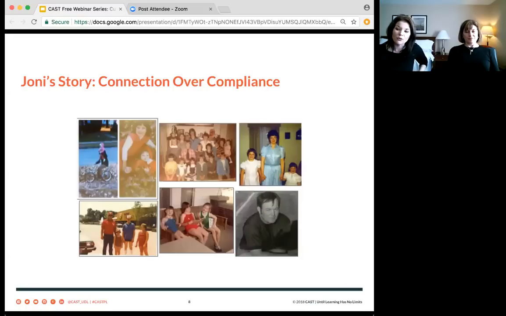And what I found was that when I stopped thinking about how do I get these kids to play student, and really started focusing on connecting with them, I realized that there is real power in connection, far more so than there will ever be in compliance.